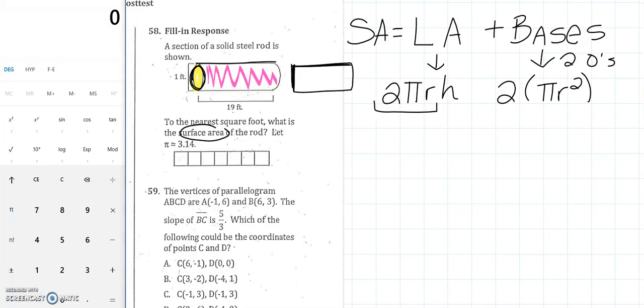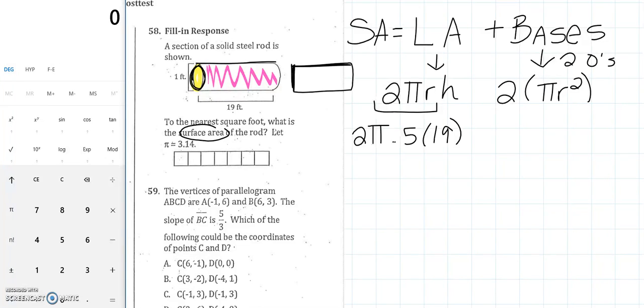Now for my 2 pi rh, let's take a look at what I'm going to plug in. 2 times pi times my radius. In this case, my radius is going to be 0.5, not 1. 1 is my diameter. So 0.5 times my height, which is 19. Now, the concept of height is tricky for those three-dimensional figures.